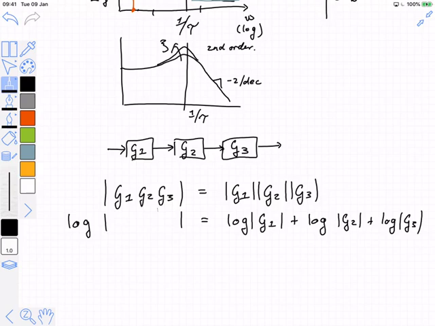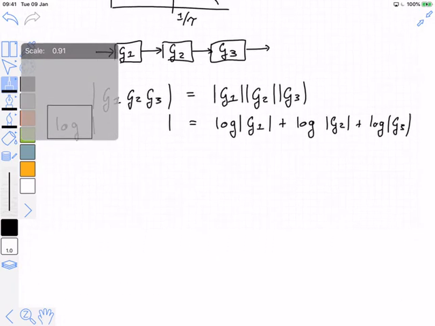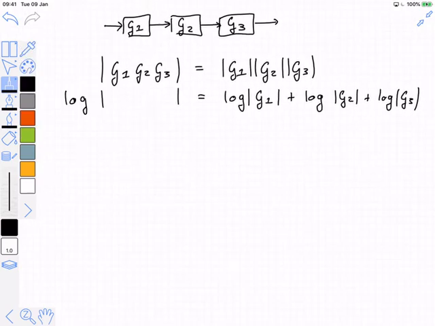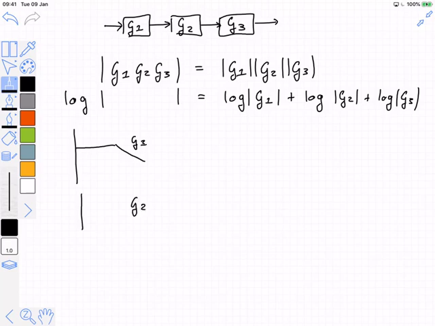And what that means in practice when I'm drawing the Bode diagram is it's really easy, well it should be easy, to picture what the sum of curves look like. And so if I have a Bode gain diagram that, for instance, looks approximately like this for G1, and I have a thing that looks approximately like this. So let's say that starts at 0, and then this starts now on log axis, right?